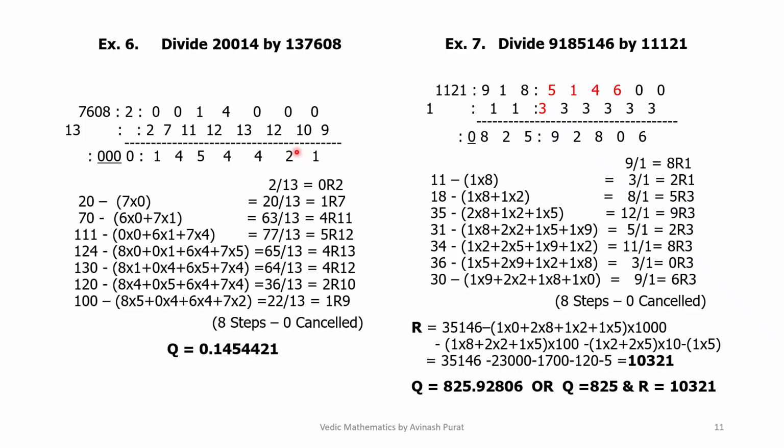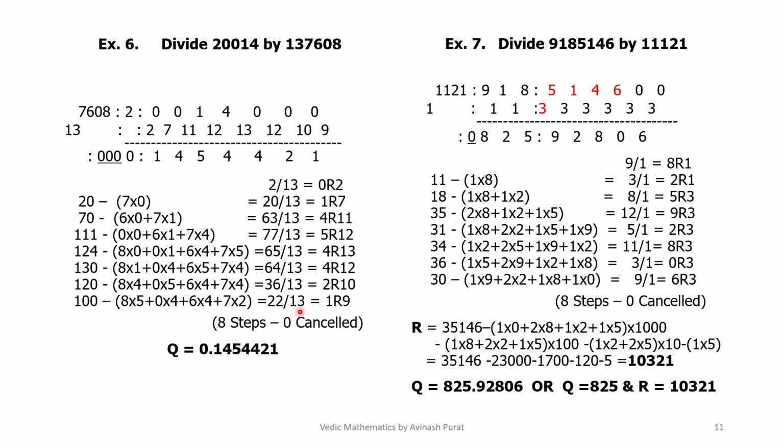So we get 2 quotient and 10 remainder. Now 100 is the next dividend, minus 8 into 5 plus 0 into 4 plus 6 into 4 plus 7 into 2, that is equal to 22 divided by 13 equals 1 quotient and 9 remainder.